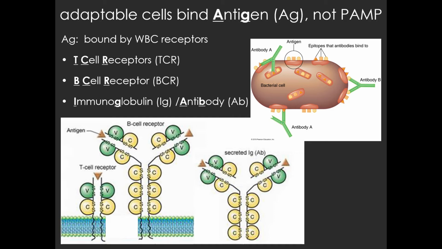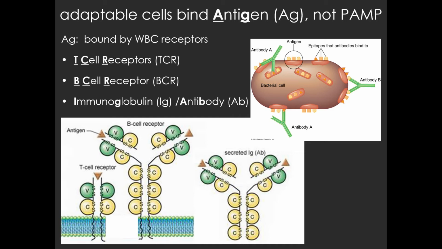Now, in addition to these two cell-bound receptors, the humoral branch of the immune system, which functions in the body fluids, actually has a secreted antibody form of the B cell receptor, which is secreted by B cells into the lymphatic system and into the circulatory system so that it can find other pathogens of the same type, that same triangle-shaped antigen.